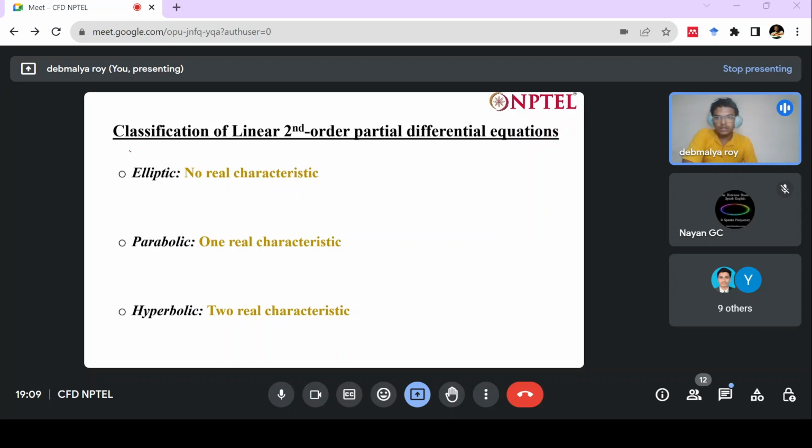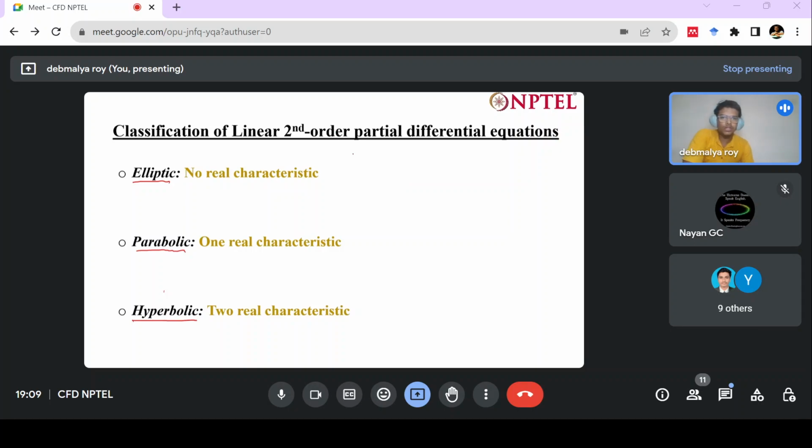We had these three classifications: elliptic, parabolic, and hyperbolic. They have their own unique set of properties based on the number of characteristics. Elliptic has no real characteristic, parabolic has one real characteristic, and hyperbolic has two real characteristics.